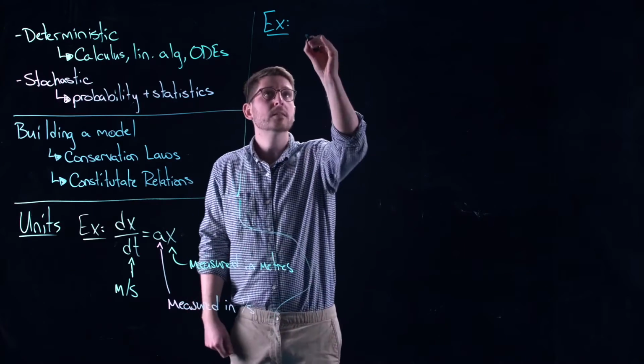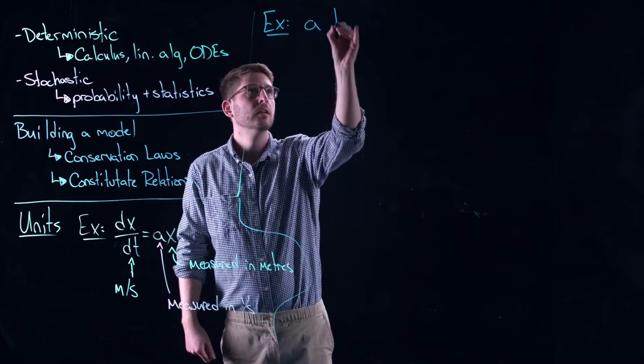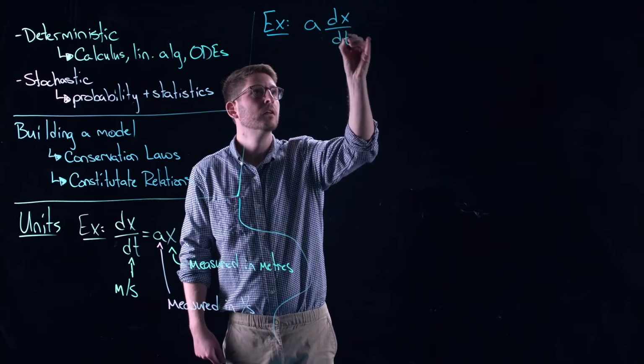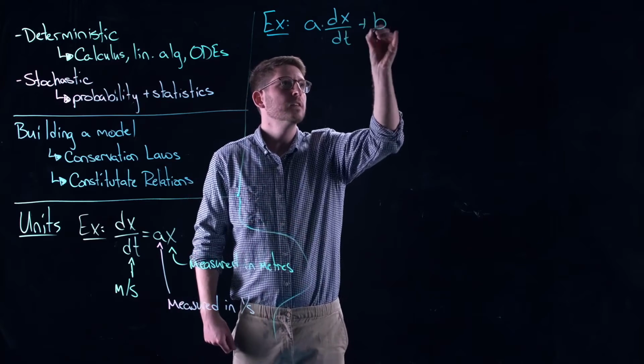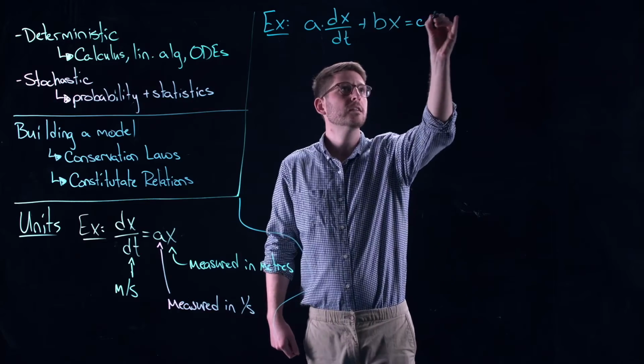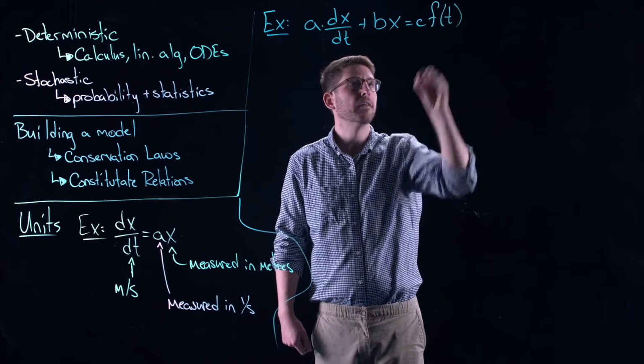Okay, so let's imagine I've got a constant A times the derivative of a function plus a constant B times the original function, and then C times some function f of t.